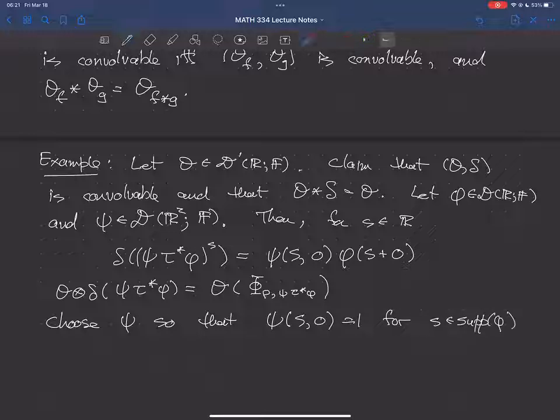So why am I doing that? Well, look at this expression here. If you choose psi, a test signal of two variables S and t, with this property, then this thing is just going to be phi of S. And I know that I can always do that.